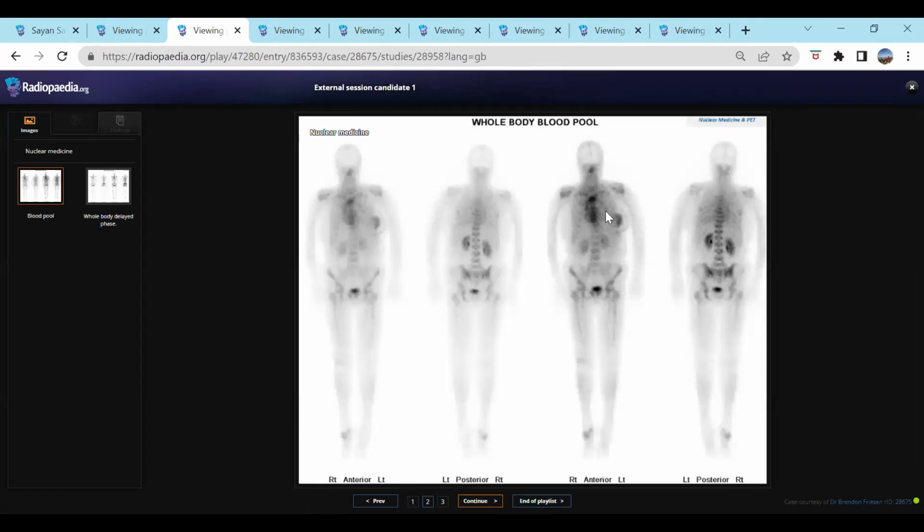So it's an elderly patient who has come with diffuse body ache.